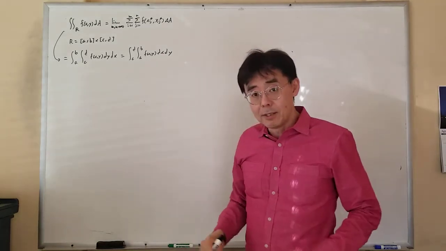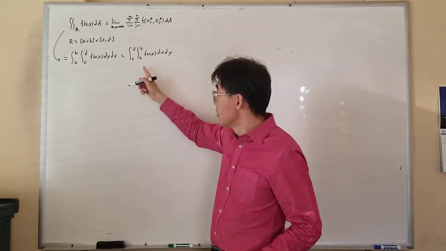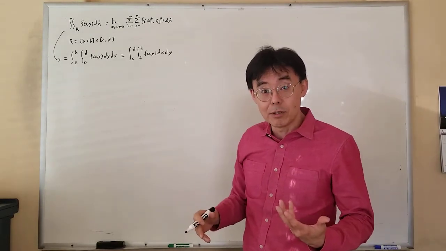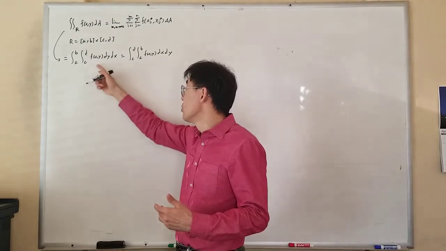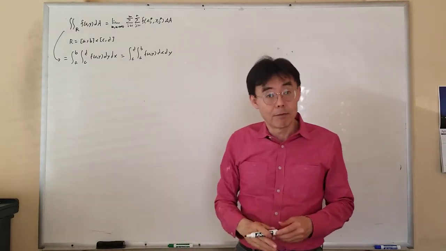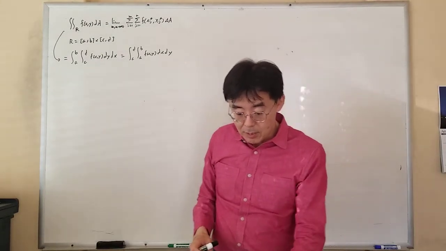This is called Fubini's theorem. So this gives us a way to calculate double integral using our knowledge of definite integral you learned from calculus 1 and 2. All right?